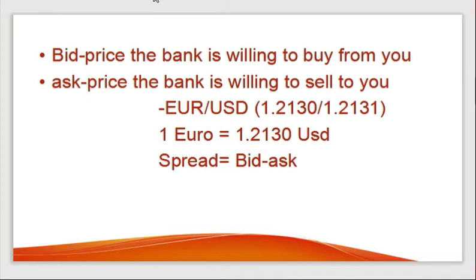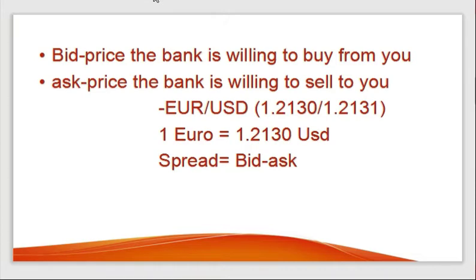Let's take for example Euro USD. If the first price is 1.2130 and the second price is 1.2131, what it means is that 1.2130 is the bid and 1.2131 is the ask.